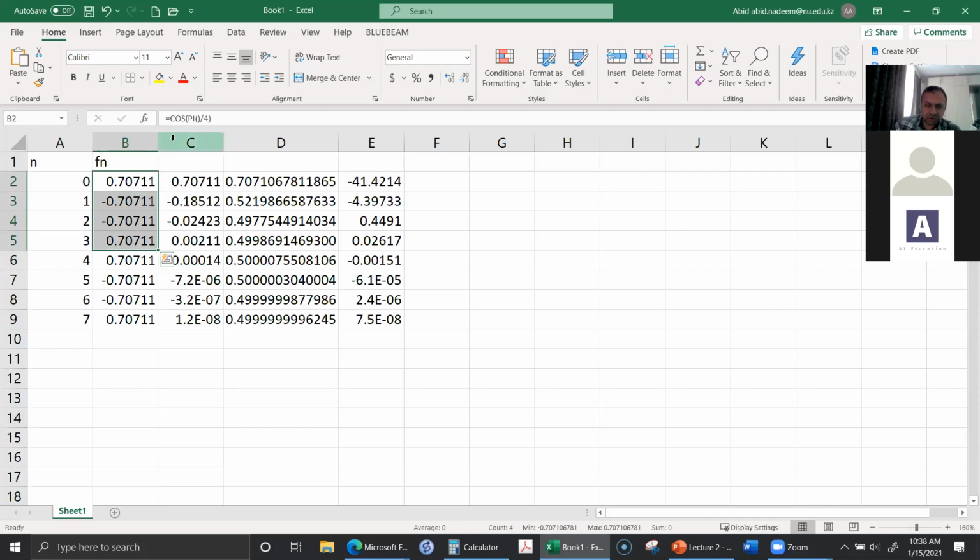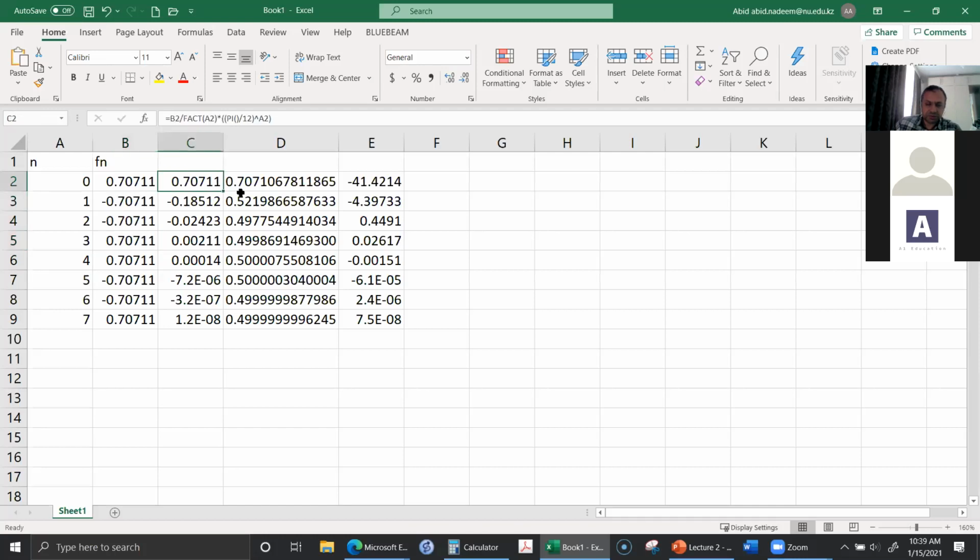Therefore you need to enter these 4 values, and then you can copy them down. In Excel you can represent pi with the PI function followed by empty parentheses, and then divided by 4. In this case, you will calculate the cosine, then minus sine, then minus cosine, and then sine. The values will be repeating.